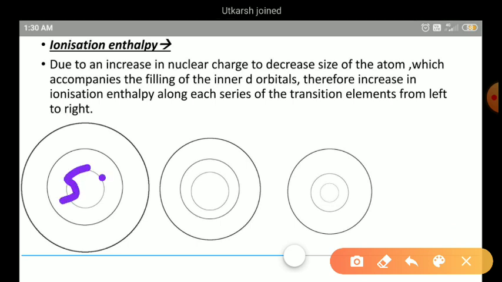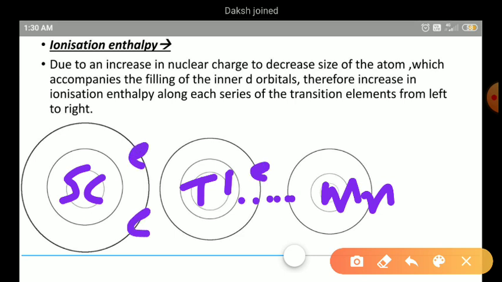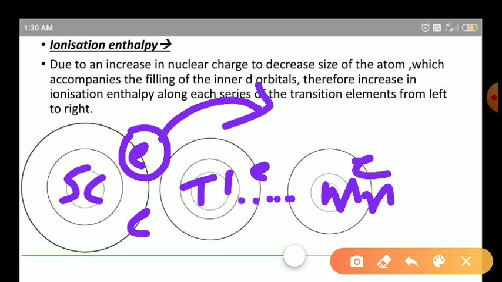So if I consider scandium, titanium, and manganese, with the outermost electrons marked here, scandium has a large size, so removal of an electron requires less energy, because the outermost electrons experience less nuclear charge.